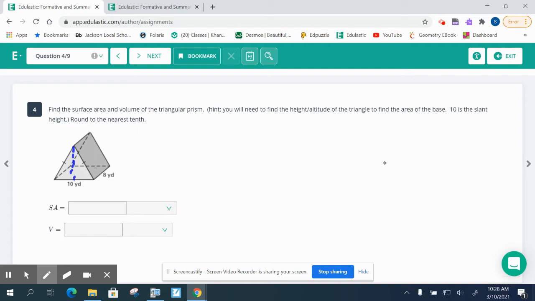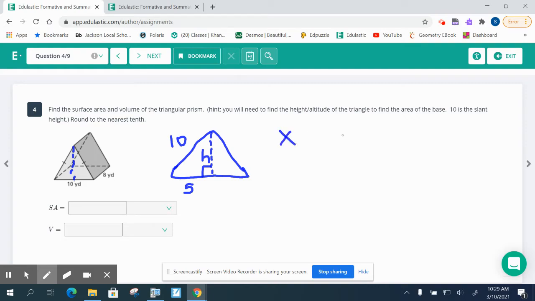If the base is an equilateral triangle, and this is always going to be true if the base is an equilateral triangle, because you're going to have some questions on 11.7 about this, the height is an altitude that is also a bisector. So if all these sides are 10, then this half is 5. The height we can find by using the Pythagorean theorem, or easier, using special right triangles.